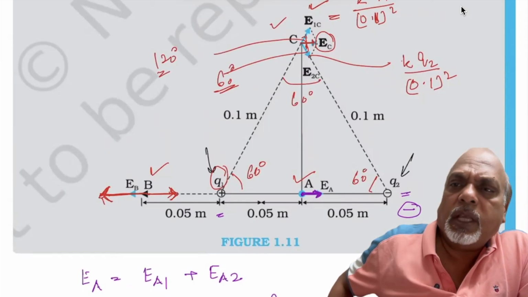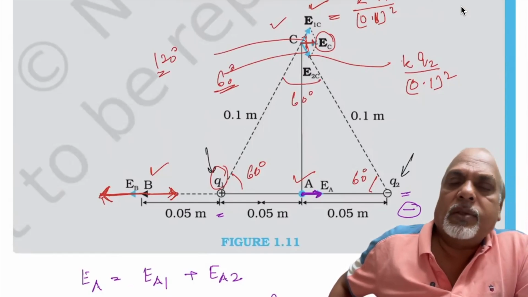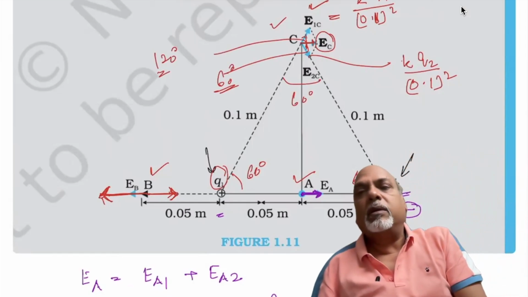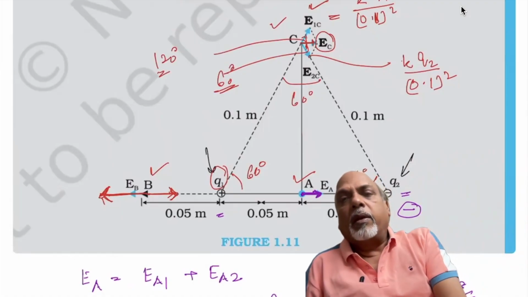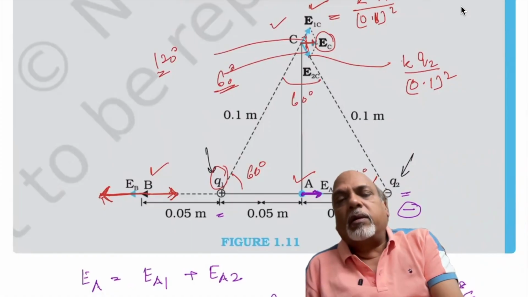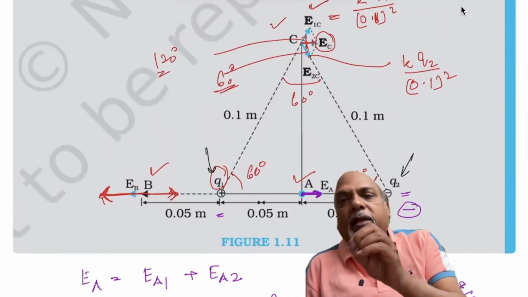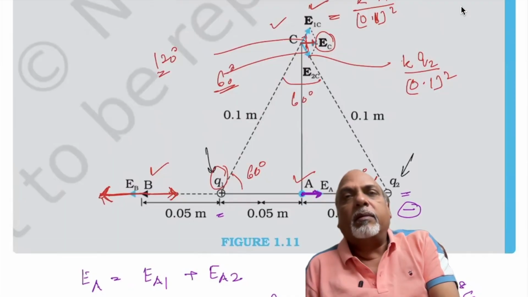Correct. See the figure, understand the things, keep your geometry very strong, because these questions are very easy, and we should not spend that time in understanding the problem and doing it.